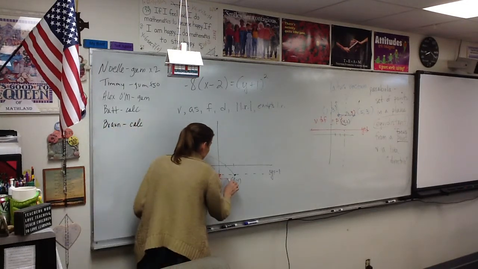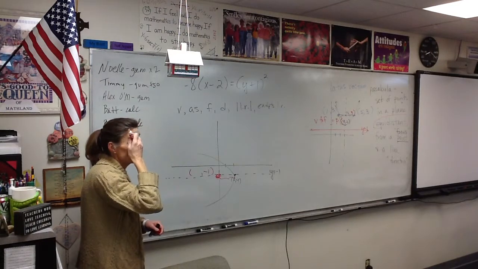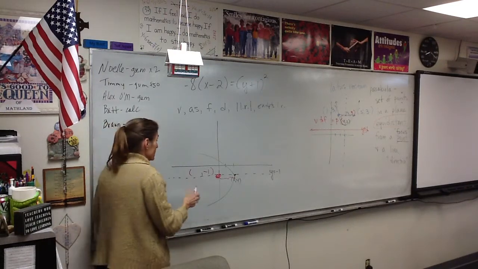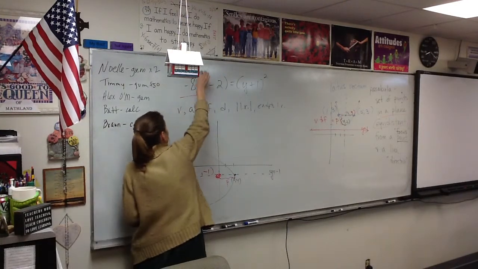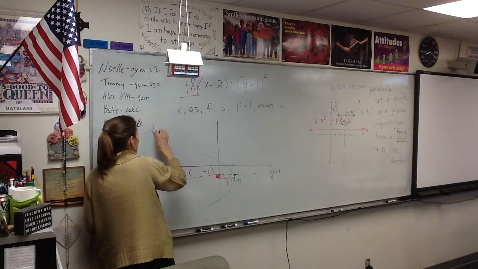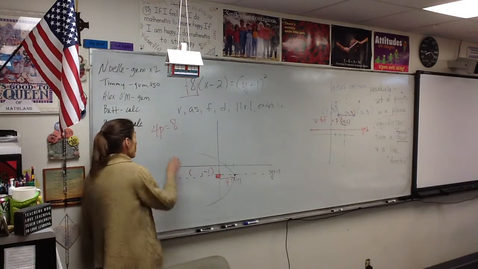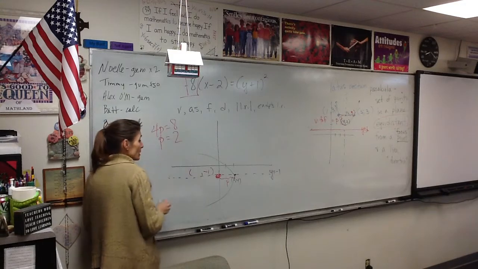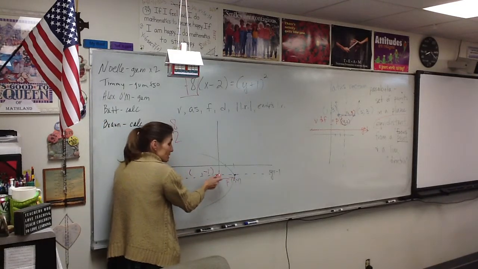I need to know how far this is. I need to know how much to back it up by. How do I do that? I need P. And where do I get P? Always, always, always, that number equals 4P. So what's P? Which means I'm going to back up 2 to put my focus.